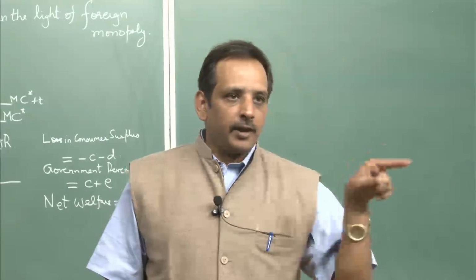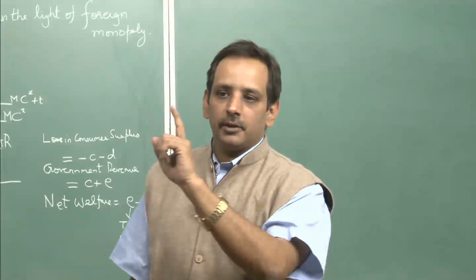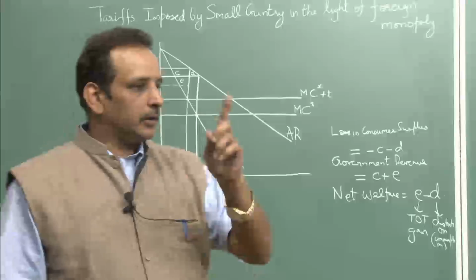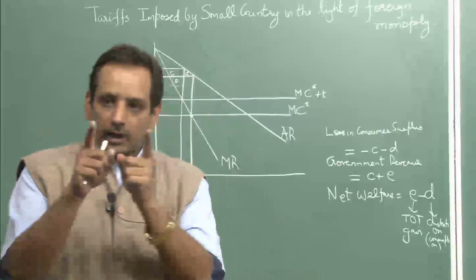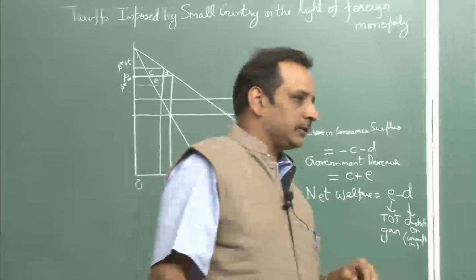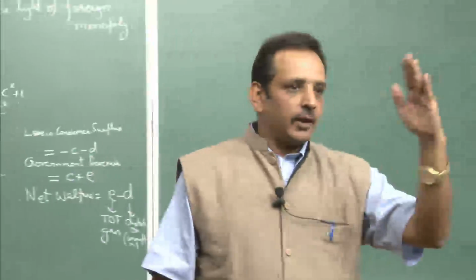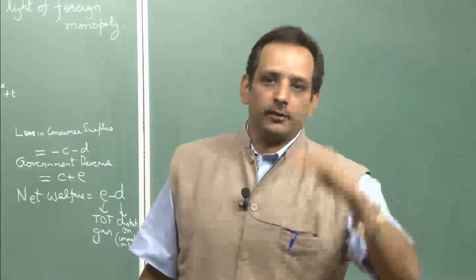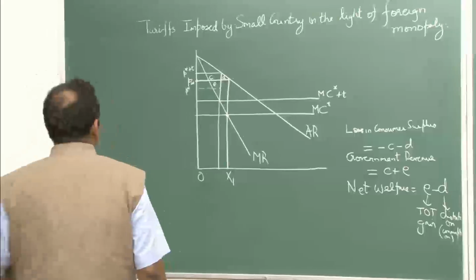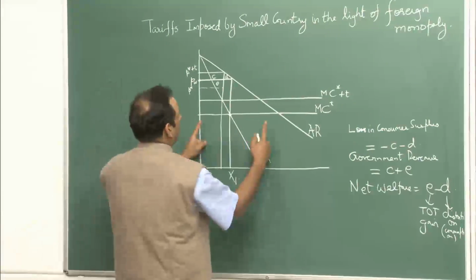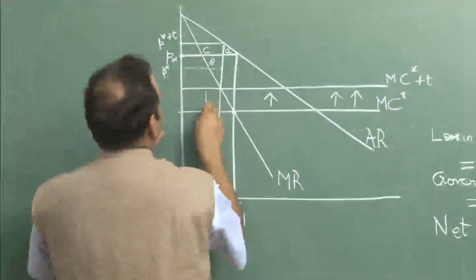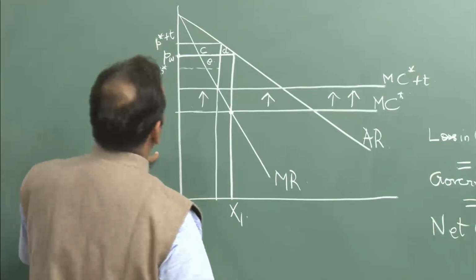So supply is a function of price of other goods, technology, taxes. So those other factors are shift factors. So the supply curve, as the taxes go up, shifts to the left. So he has this marginal cost curve which shifts upwards because the taxes or the customs duties are imposed.